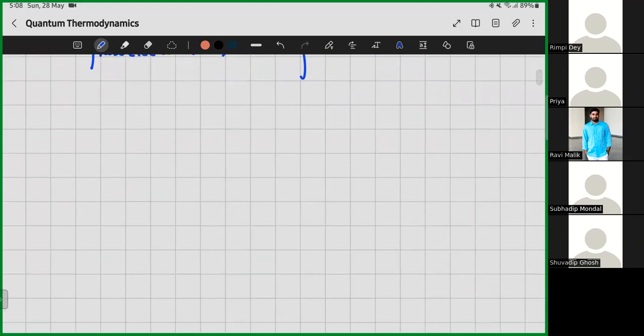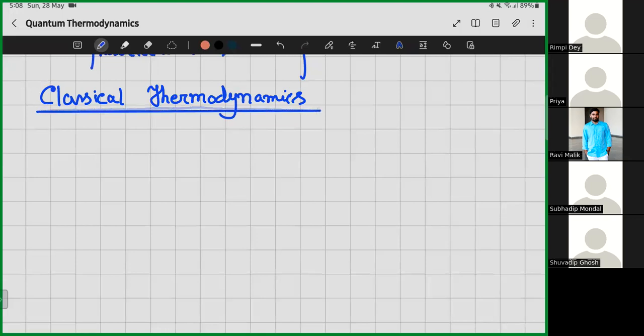So I will start with the basics of classical thermodynamics. These are all known to us, but I'm starting with classical thermodynamics. Then I will introduce quantum effects on this classical picture to understand quantum thermodynamics.